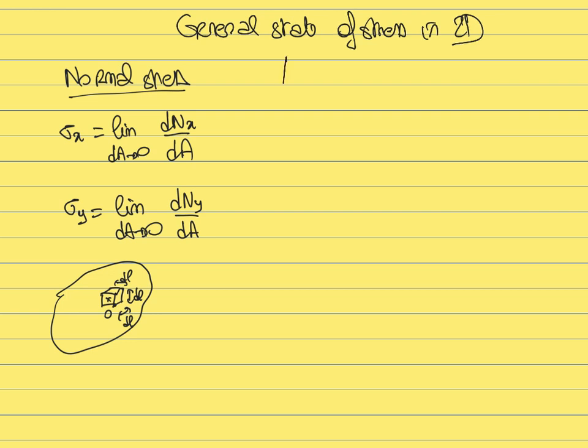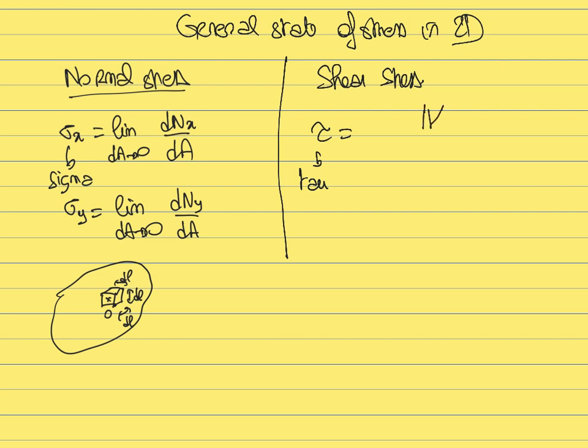We can also define a shear stress. So same thing for the shear stress. We are going to write this one tau. So this one was sigma, and this one is tau. For the shear stress, we say that this is the ratio of the shear force.